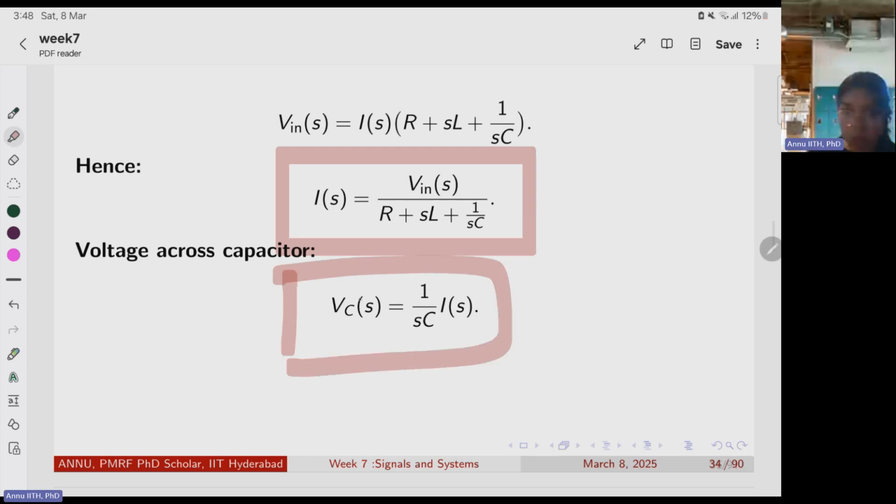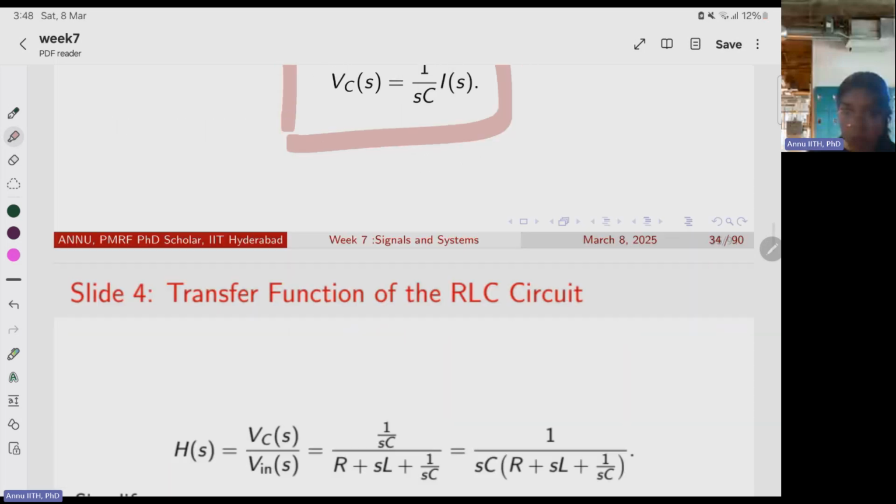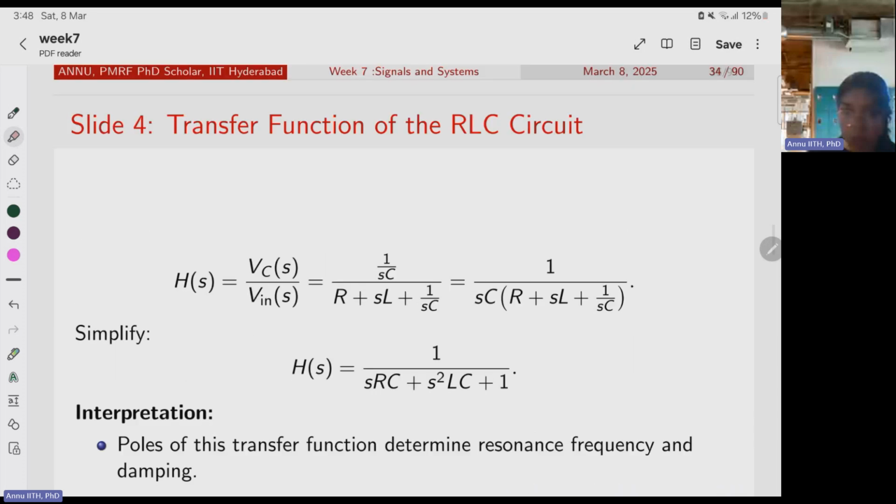And the voltage across the capacitor is 1 upon SC times I(S). In the transfer function we will get it like this.